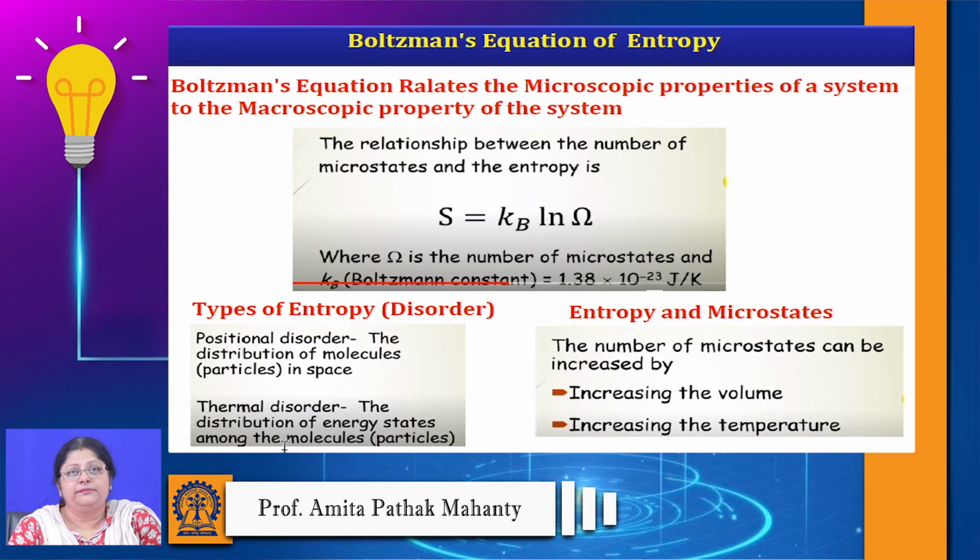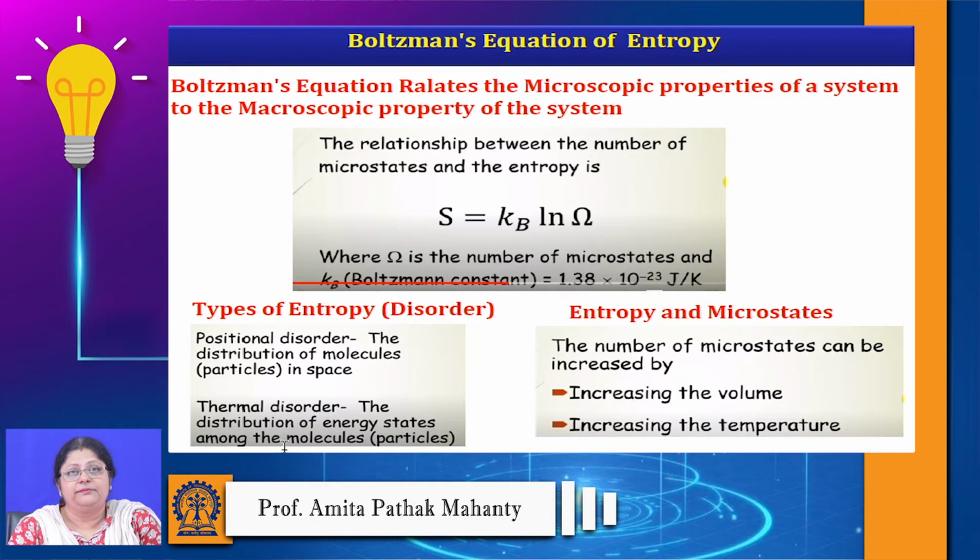We are seeing how the positional difference is going to contribute to the increase in entropy. So the reordering of the same number of particles gives us the positional disorder, and increasing the number of particles gives us a thermal disorder, like that. See, it is an intensive property.